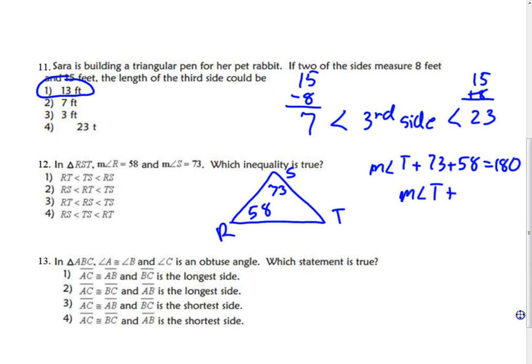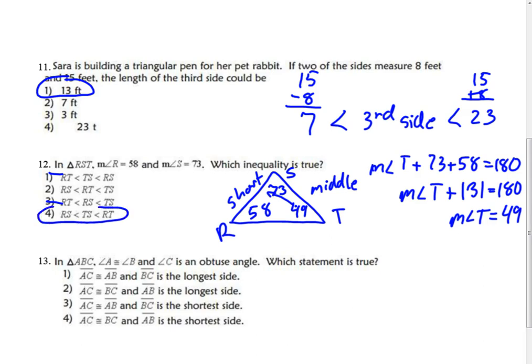Oh, what is that? 131. Okay, and then when we subtract 131 from 180, we would get 49. Okay, so 49 is the smallest angle, therefore which would be the shortest side. So you draw the angle out on this and you get short over here. So it's RS. So I'm going to eliminate 1 and 3. Then our middle one would be ST because we draw out from angle R. And so that would be choice number 4.